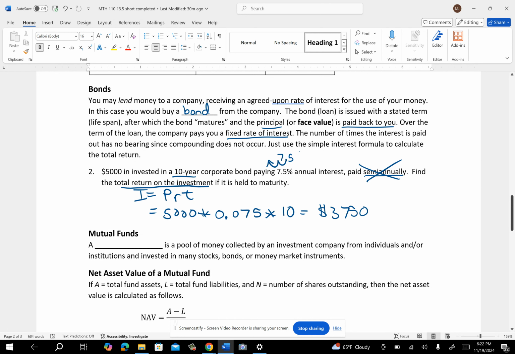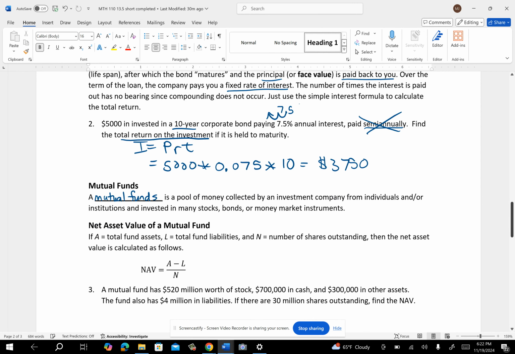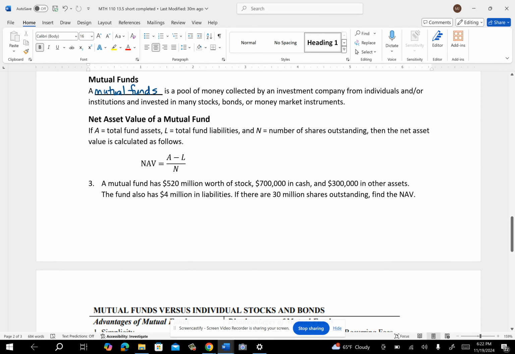All right, one more thing we're going to touch on is something called a mutual fund. Now, this is something that a lot of people do because it's like counting on experts who might have bought shares in varieties of stocks. And then you're contributing money to this fund that allows them to buy these various stocks.